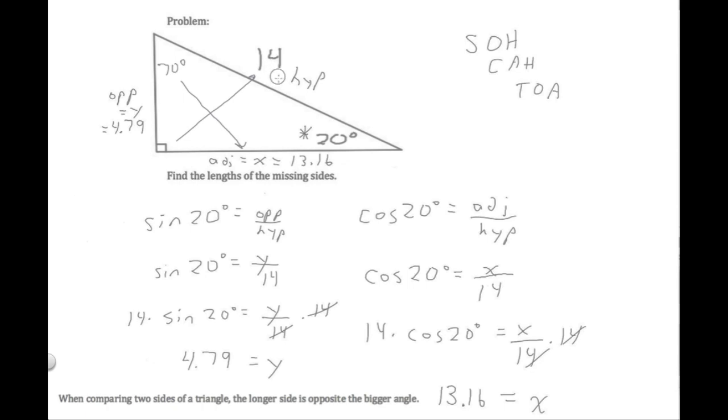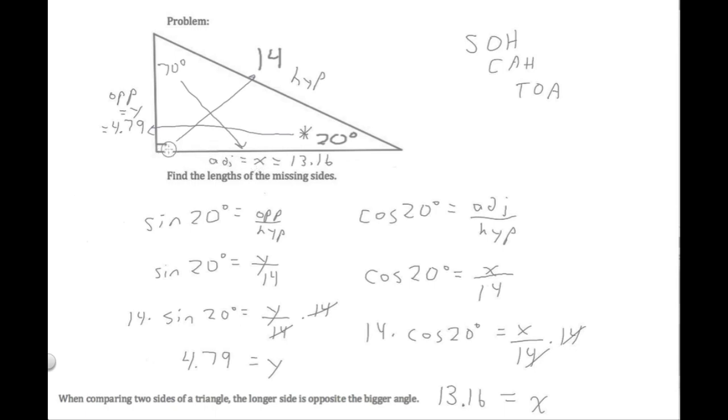This side is shorter than this one. And the smallest angle of all is opposite the smallest side of all. Smallest angle opposite smallest side, middle angle opposite middle length side, and greatest angle opposite greatest side.